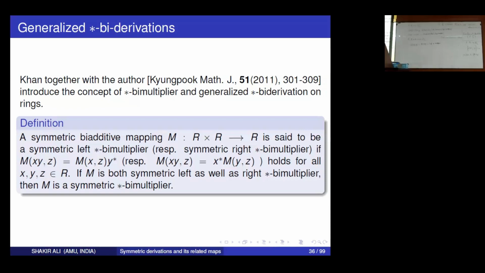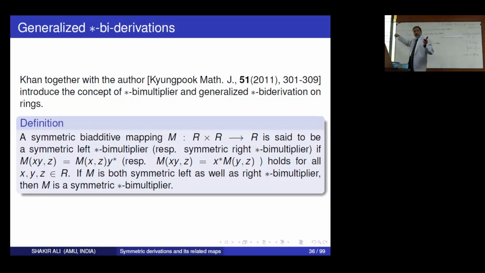On the next slide you will carefully check, because most of the examples for this type of map are T(x) = λx. If λ is commutative, then this is both a left and right multiplier, where λ is a fixed element.